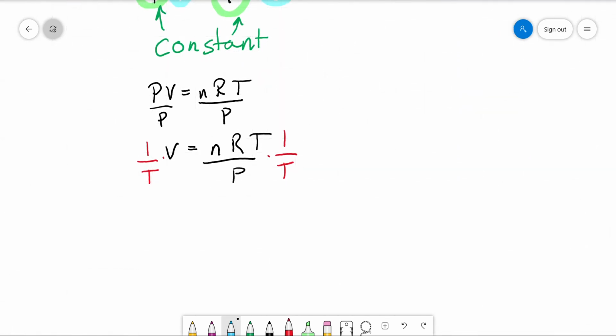And we end up with Charles's law. Or I'm sorry, what we end up with is something that looks like Charles's law. V over T is equal to nR over P. Well, remember, we said that this whole side is constant. That's constant, so V over T is equal to nR over P, which is equal to a constant.